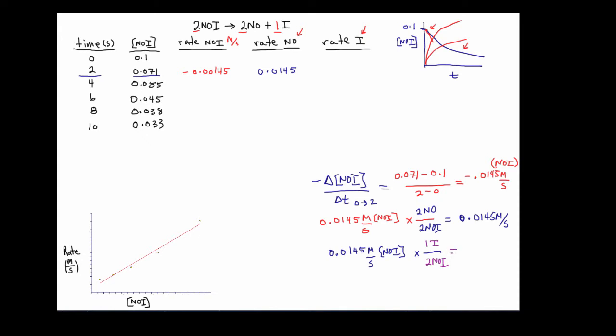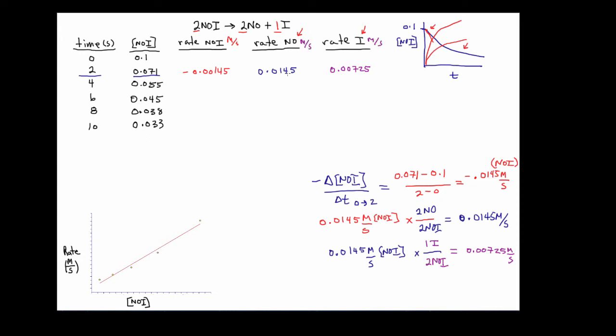So the rate of formation of the I is going to be 1/2 the rate of disappearance of the NOI. All right, now we'll go ahead and insert that rate up here for the I. There. And all of these are in molarity per second.